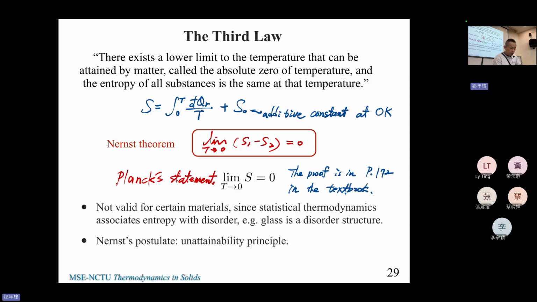To prove this, we need to base it on a postulate, an assumption, that absolute 0 of temperature cannot be achieved by human beings. This is the Nernst postulate, Nernst's assumption: absolute zero temperature cannot be attained.